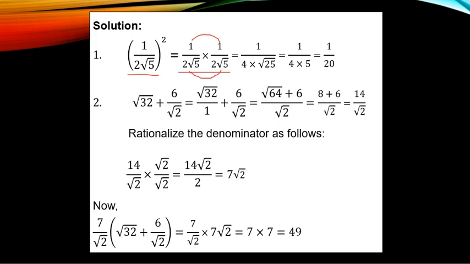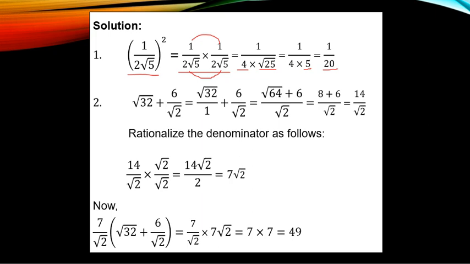So 1 times 1 is 1, 2 times 2 is 4, then root 5 times root 5 is square root of 25, and that square root is 5. Every other term remains the same. So you have 1 all over 4 times 5 is 20. So you have 1 over 20 as a result for simplifying that expression.